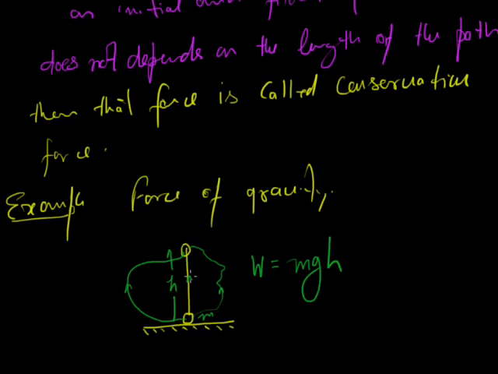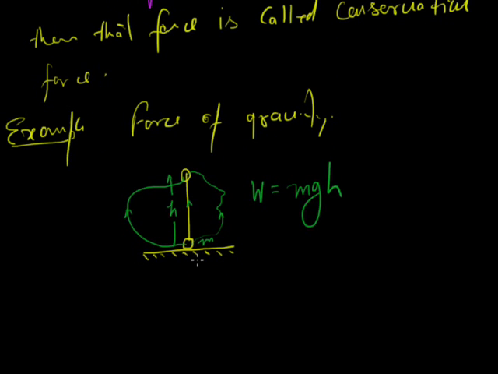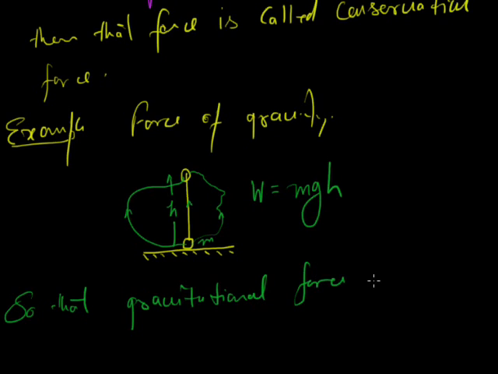It means work done does not depend on the length of the path, it depends on the first and last position of the body. Then the force under which the work is done is called conservative force. Here the force of gravity, or we can say the gravitational force, is a conservative force.